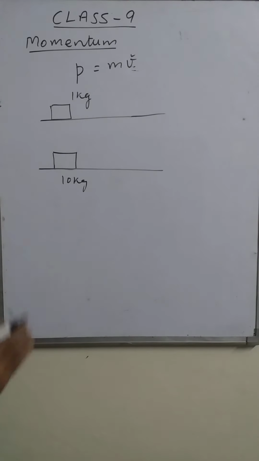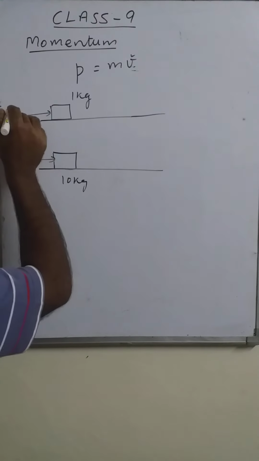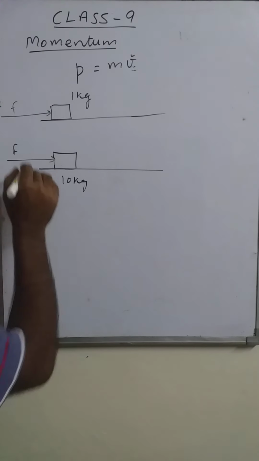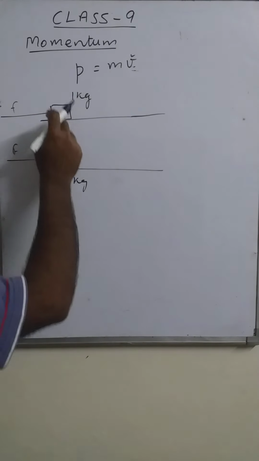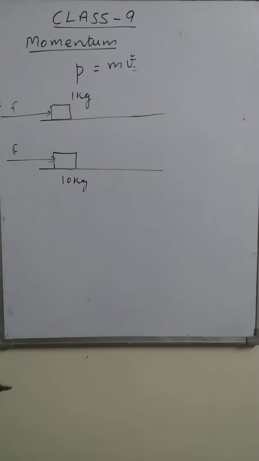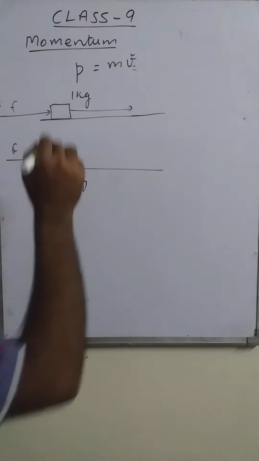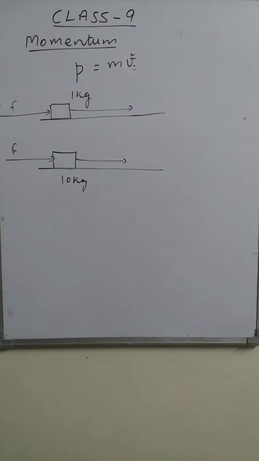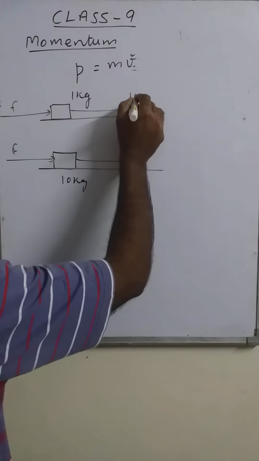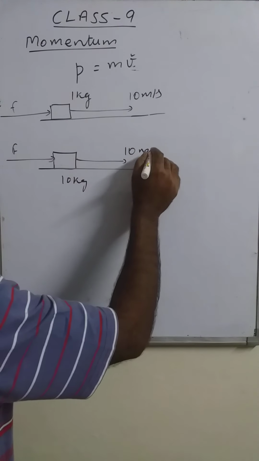To change their position, we need force. Force is applied, and by applying the forces these two objects are moved with some velocity. Suppose both objects gain the same velocity, 10 meter per second.